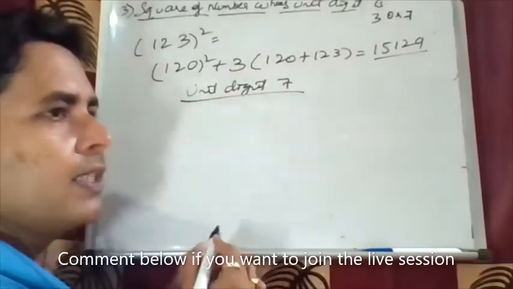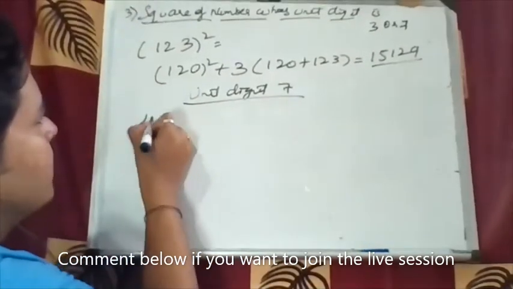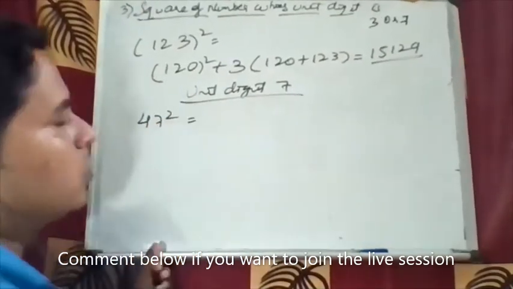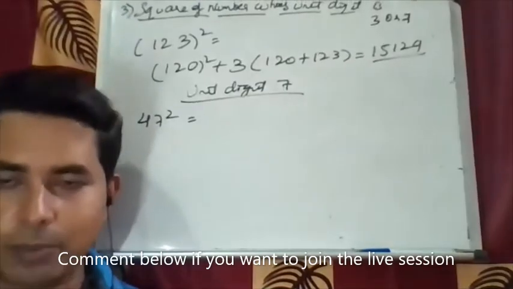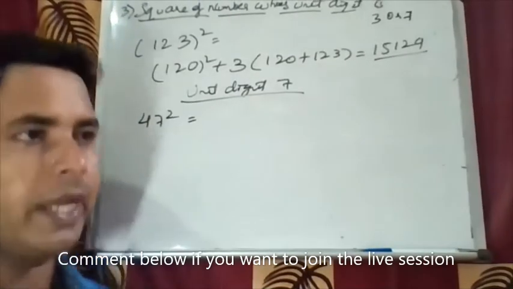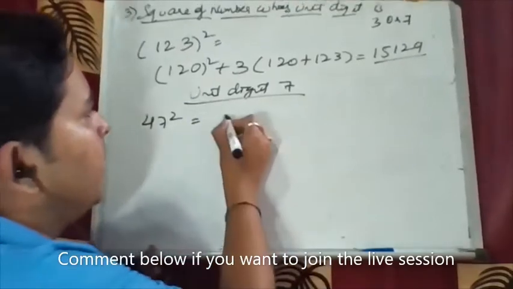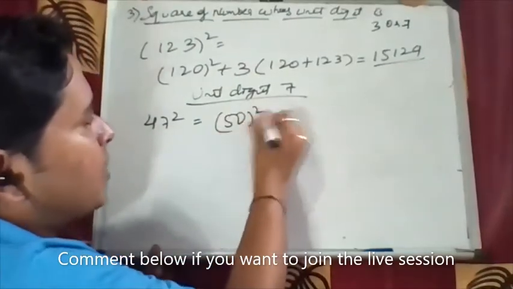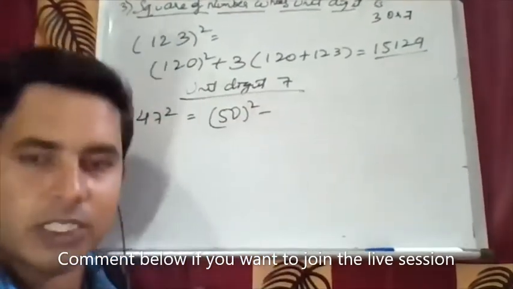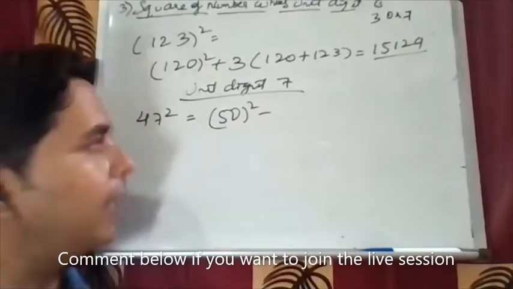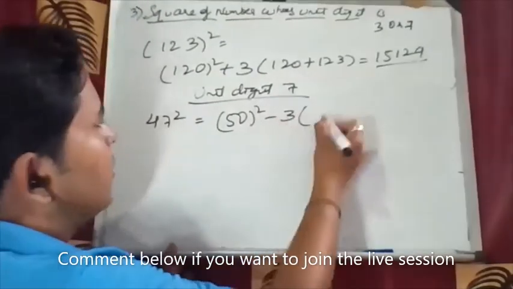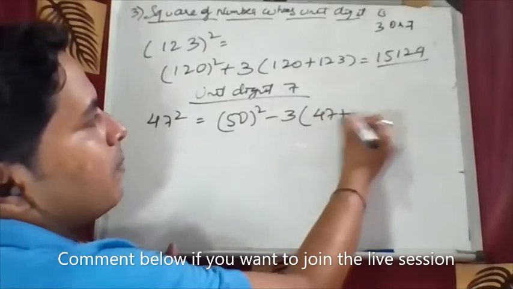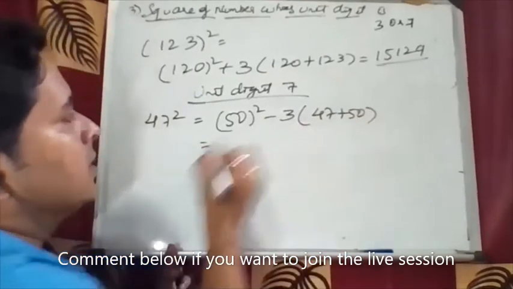Take an example of 47 square. The nearest number for 47 is 50. So take the number 50; 50 square. The difference between 50 and 47 is 3, so take a minus. 3 is the difference. Add both, 47 plus 50.